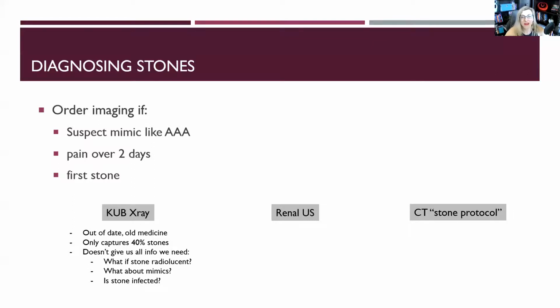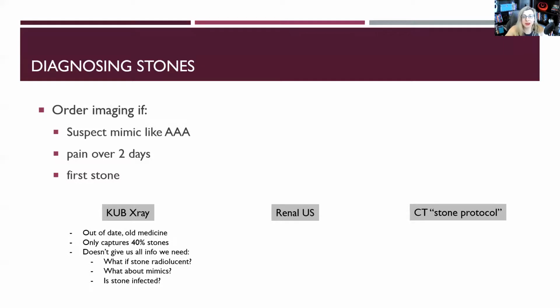When we didn't have any other way to access kidney stone information, we ordered the KUB X-ray. That's because a lot of stones did show up on X-ray because most of them are made of calcium, right? Problem is that no matter how good we get, X-ray technology only captures about 40% of stones. And that's not really good enough for today's medicine, especially with our malpractice and everything else that's going on.